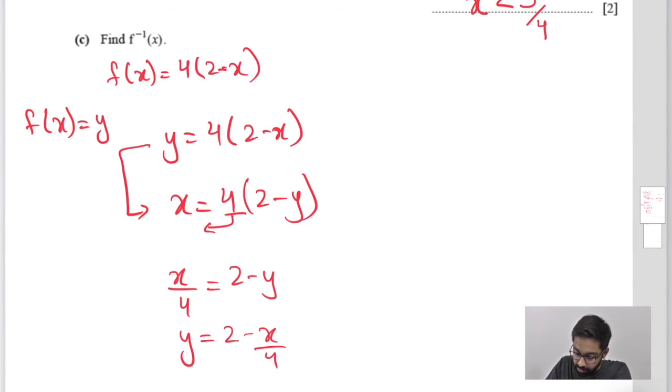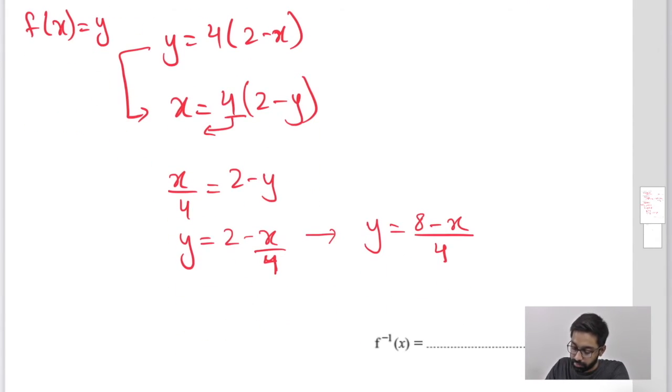Apparently this is your answer, but if you want to further simplify it, I'll make 4 the LCM, so that 4 gets multiplied by 2, I get 8 minus x at the top. So the inverse of the function f(x) is (8 minus x) over 4. I hope this made sense as well.